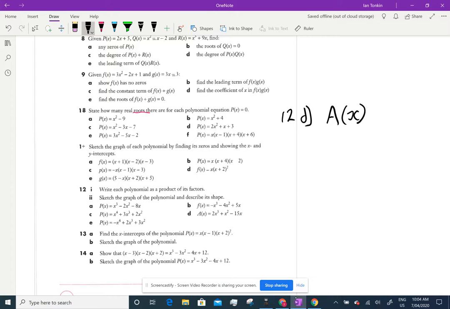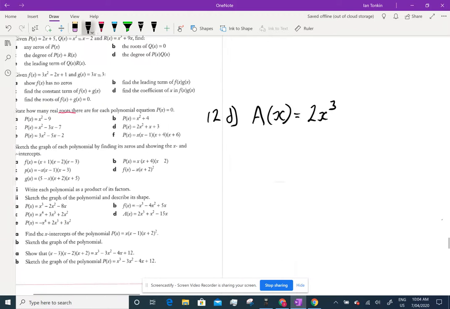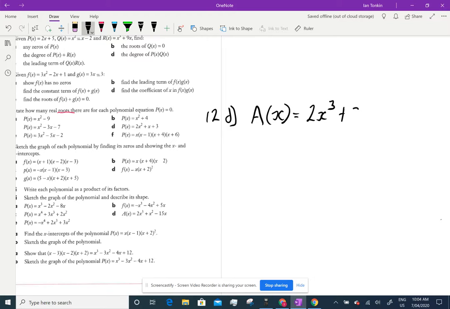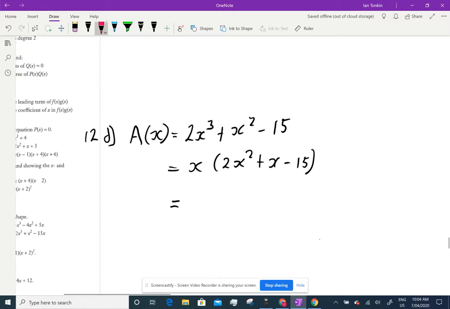A of x equals 2x cubed plus x squared minus 15x. So let's take out an x, and we get 2x squared plus x minus 15. And I chose this one particularly because this requires a bit of work in factorising.